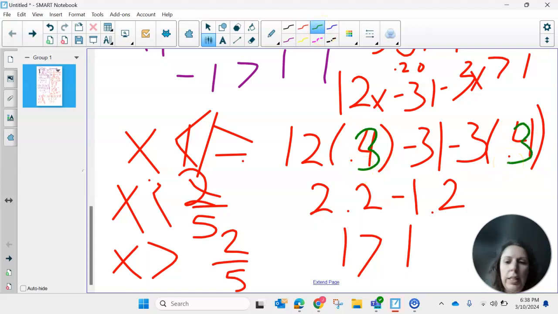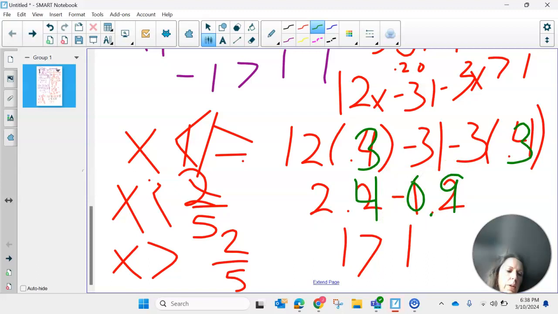And then when I did that, I got 2 times 0.3 minus 3 is negative 2.4, but it's a positive, remember? And then minus 3 times 0.3 is 0.9.